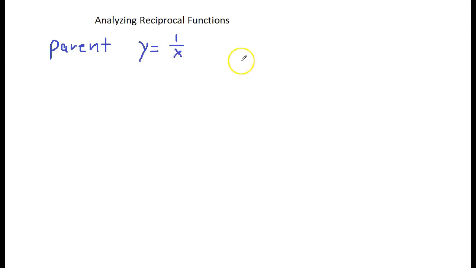Now, there is a restriction. x cannot equal 0. The reason? Well, you can't divide by 0. If x were 0, then this would be undefined. What does that mean? That means that you have a vertical asymptote at the y-axis.